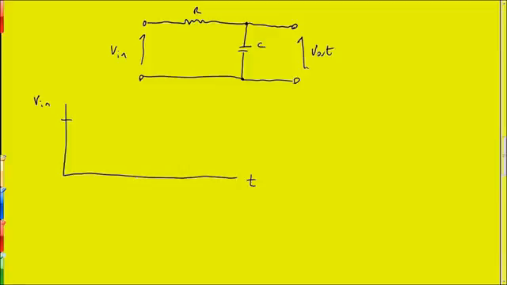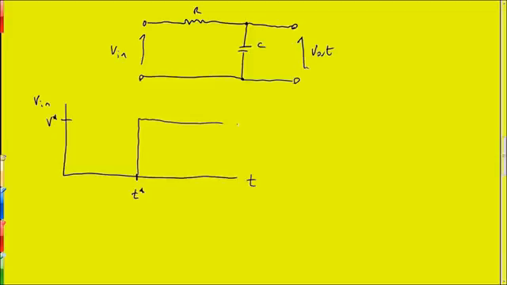It goes along at 0 until we get to some point t star, and then it jumps up to some value. Again, we'll call this v star. This may be something, for example, if you push a button or close a switch, v in instantly jumps from 0 to some voltage value. And the question is, what happens at v out in this case?